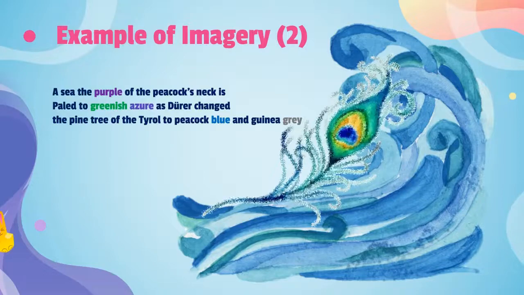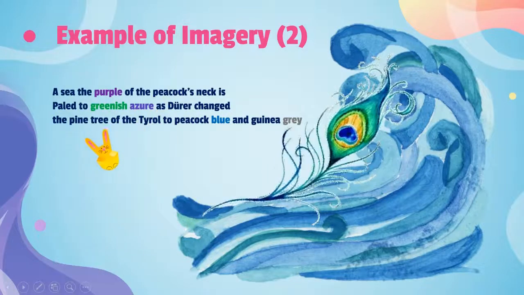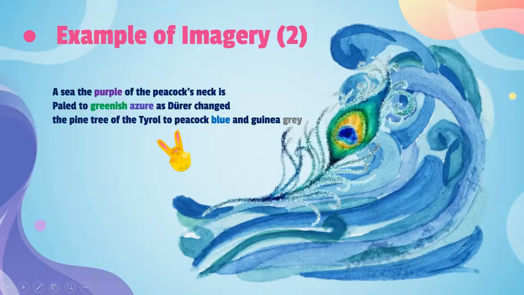And then where this description, the peacock's neck, for example, a sea purple of the peacock's neck is pale to greenish azure. This is how the painting is depicting the scenery as Durer changed the pine tree of the Tyrol to peacock blue and guinea gray. Actually, the poet has made a sea of blue or purple or greenish azure because he has changed the actual green of the trees in the Tyrol into blue and gray.